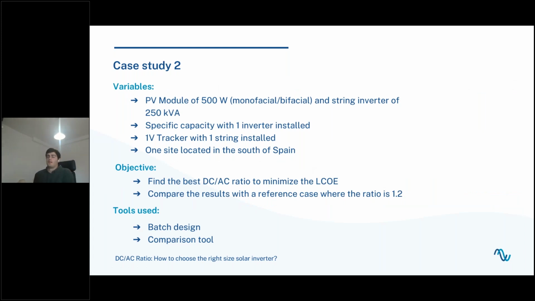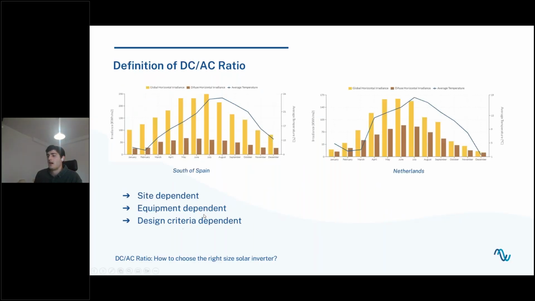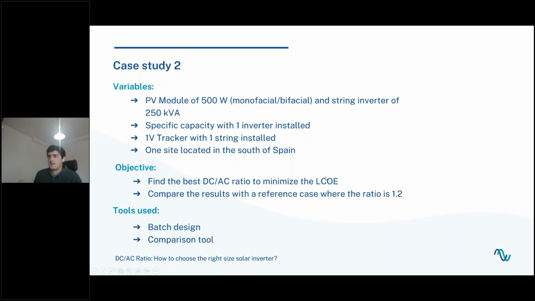Then going to the second case study, I did an evaluation which is pretty similar to the first one, but now instead of reviewing the site dependency, I wanted to review the equipment dependency and see how dependent the DC-AC ratio is on the equipment that we are selecting.